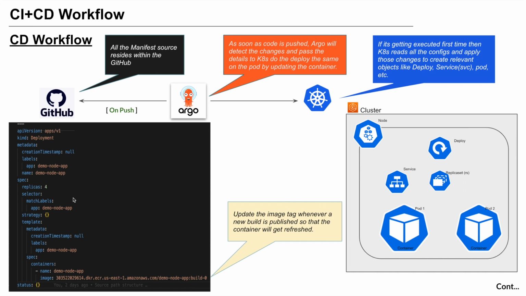So we'll be seeing all these configurations in detail for services, for deployment, for pod, right? We'll be seeing all of them in the next stage. But in general, once we have the image published, Argo CD detects that change, passes it to Kubernetes, which reads that configuration, and it finally creates these objects in order to sync that specific source code within these containers.